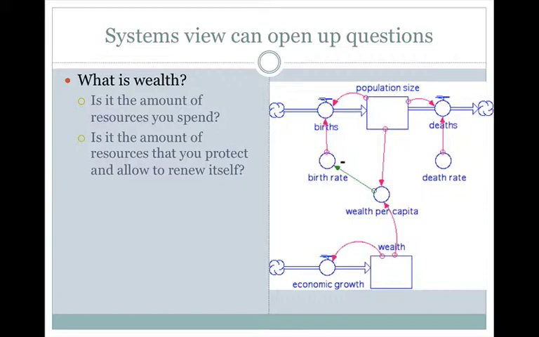These are very broad questions, but we can focus on really what we're talking about by using a systems diagram like this and focusing on particular topics. It doesn't help us answer the question. It just helps us frame it in a way that we can maybe draw some information.